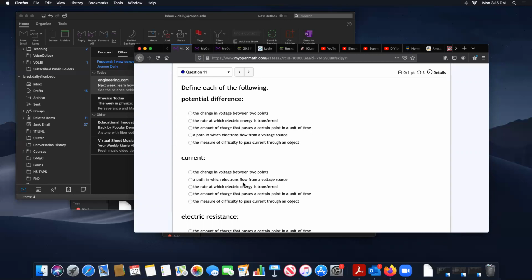What is potential difference? What is not potential difference? You could go directly to the book and find the definition. But we know, for example, that potential difference is equal to charge. No, it's equal to potential energy per unit charge, because U equals Q times V. In this case, V equals U divided by Q. So we know that.